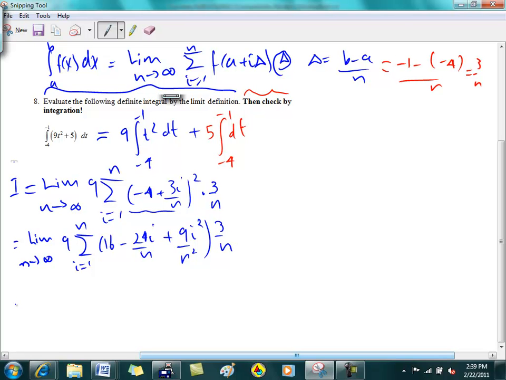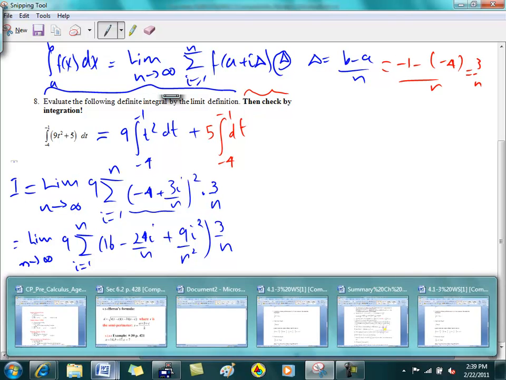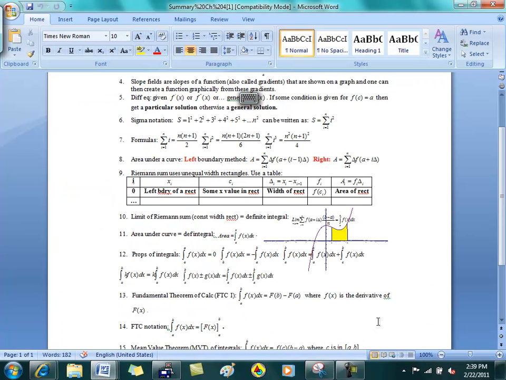Okay? And now what we've got to do is we've got to use the formulas on page 260. They're also in the summary sheet, so let me go show you where they are in the summary sheet. They're right here, number 7. Okay, those are the formulas you need. Actually, you will need only the first one and the second one. You don't have an i cubed in there, okay?